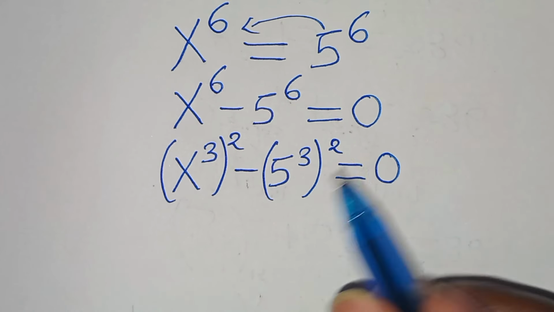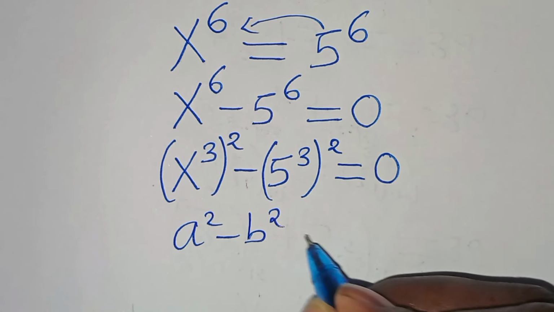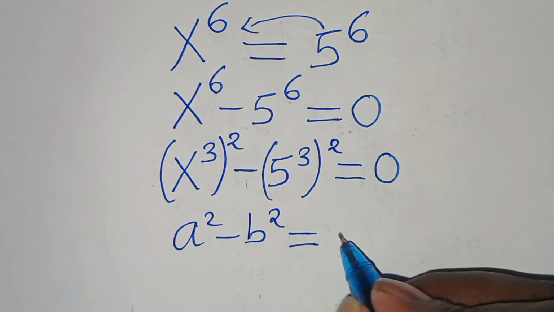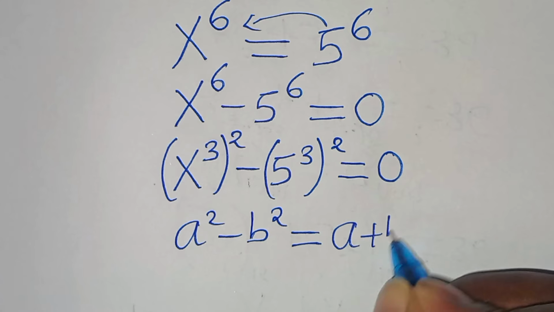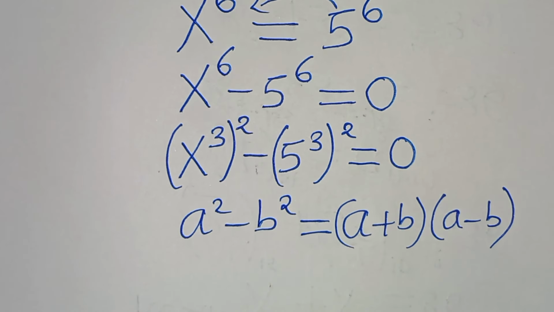This equation is of the form a squared minus b squared, which is the difference of two perfect squares that we can express as a plus b multiplied by a minus b.